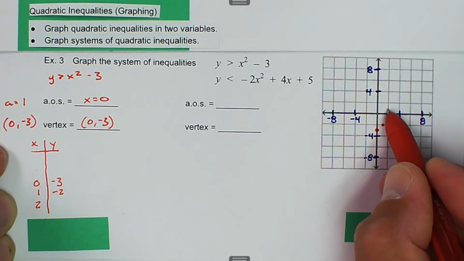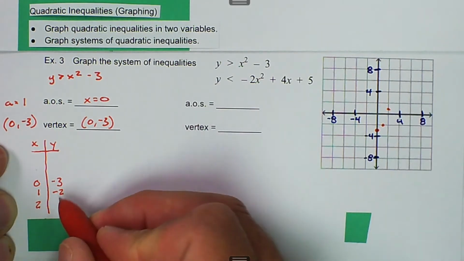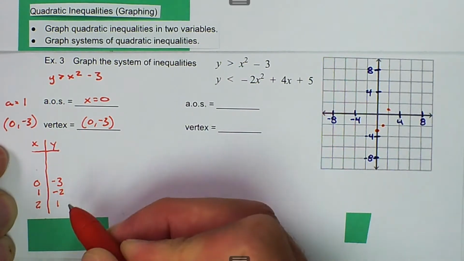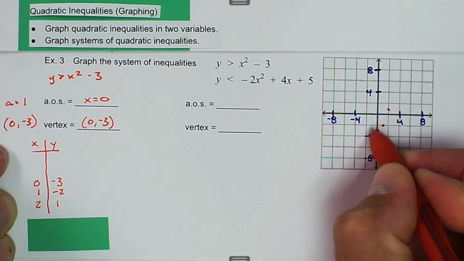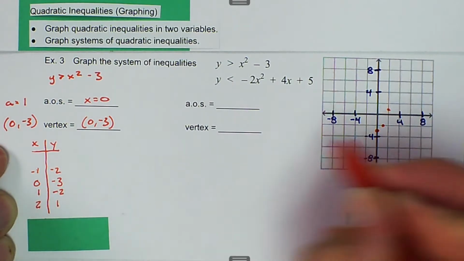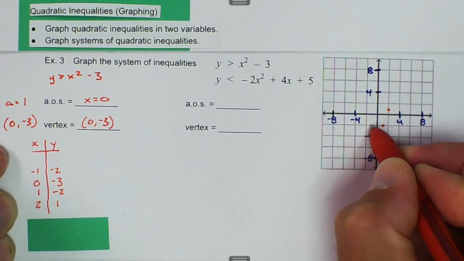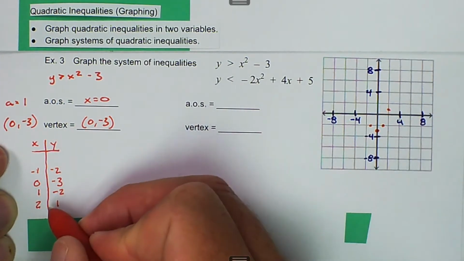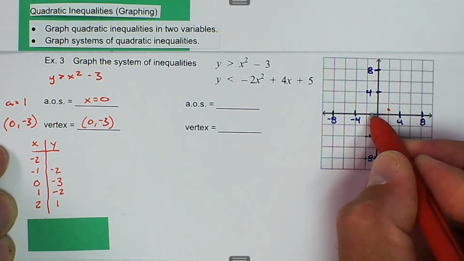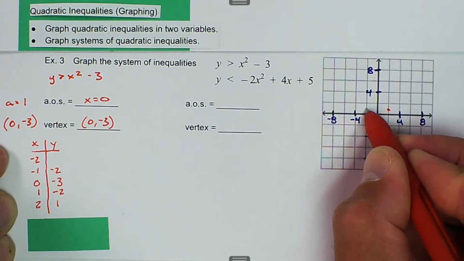So that is going to be the point 2, 1. And negative 1, negative 2, because we go over 1, back 1. And negative 2, positive 1.